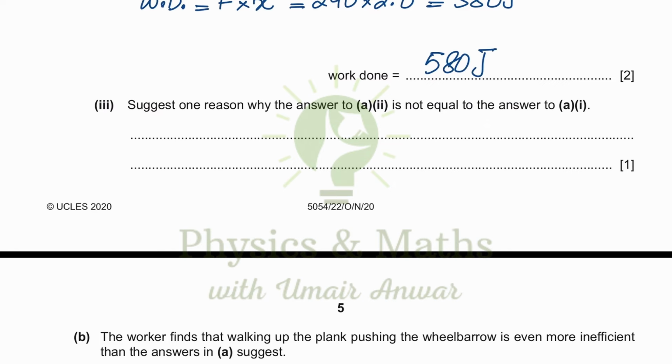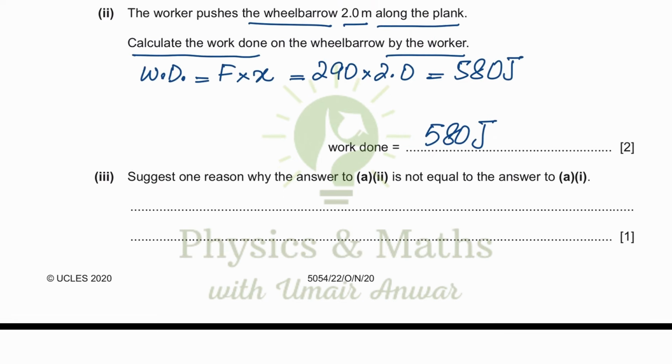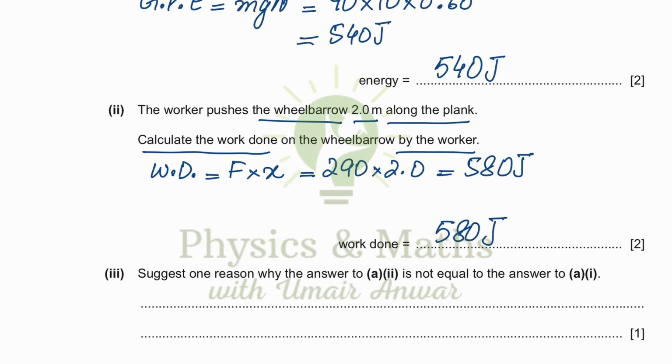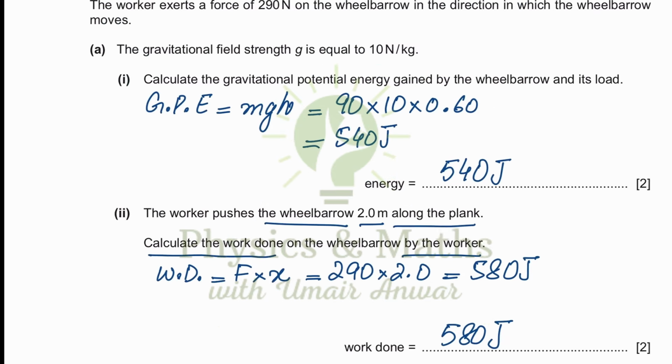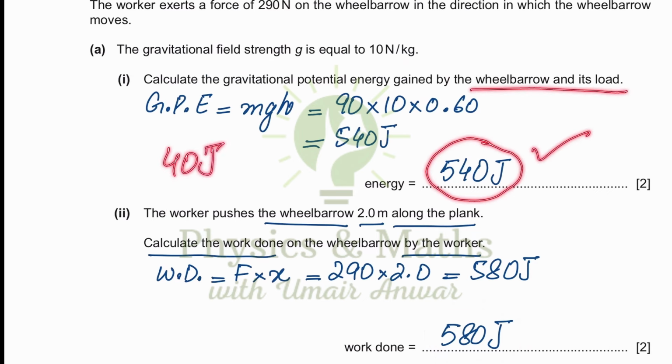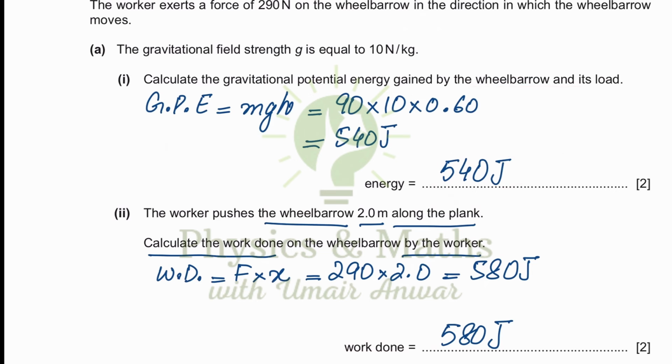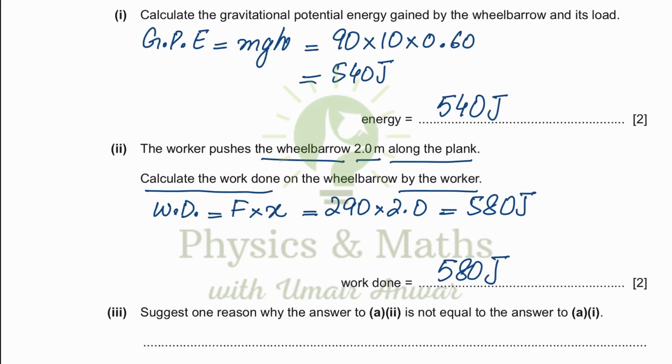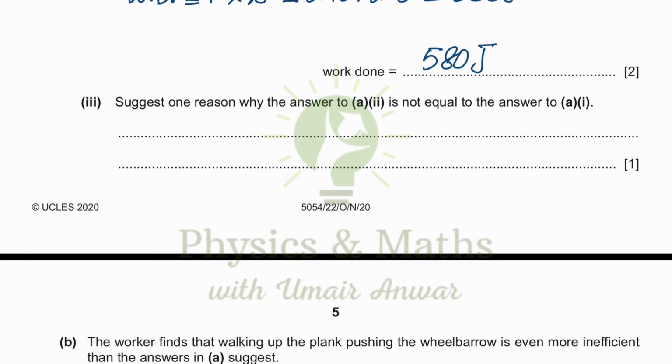Suggest one reason why the answer in the previous part is not equal to the answer in the first part. Now both parts are giving a different answer. The work done by the worker is 580 joules, but the gravitational potential energy gained by the wheelbarrow and its load is 540 joules. So there is a difference of 40 joules, which is being noted here, that the work done was 40 joules greater than the gravitational potential energy gained by the wheelbarrow. So why is it different?